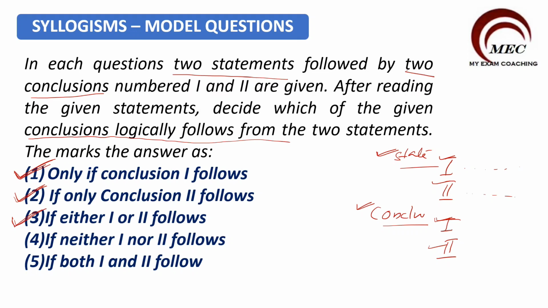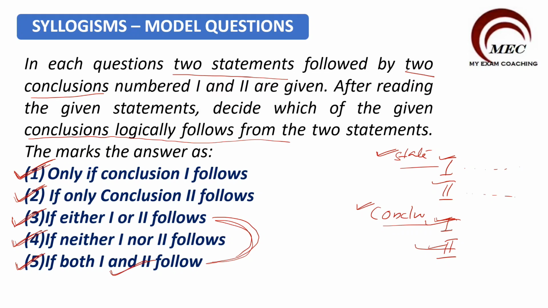And suppose neither 1 nor 2 follows, then we have to select 4. If both 1 and 2 are correct, then we have to select 5. Now let me tell you, there is a confusion students normally have between 3 and 5. If you are 100% sure that both the conclusions are correct, then your answer should be 5.